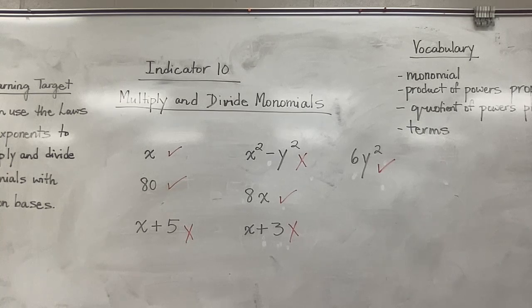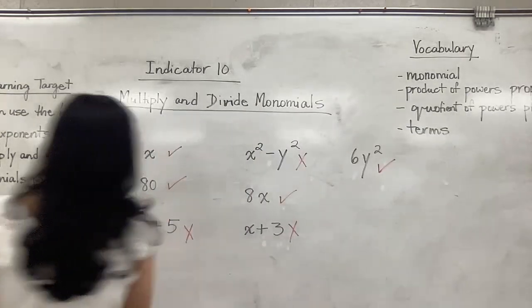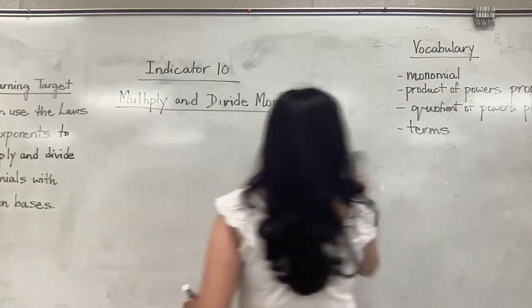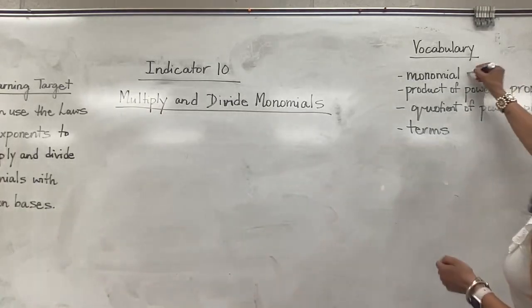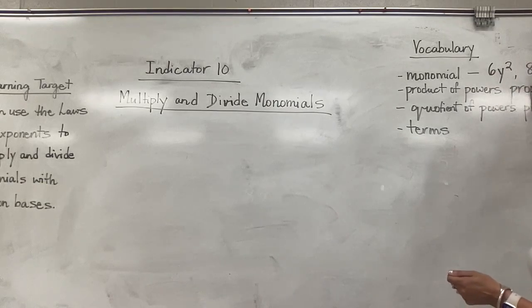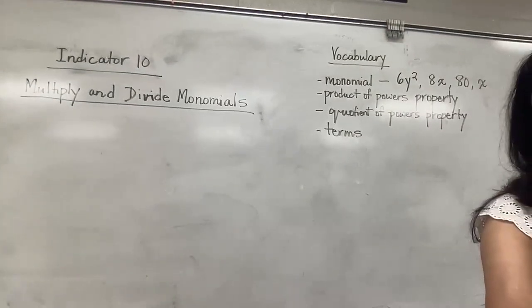Okay, so let's talk about the product of powers property. I'm just writing the examples over here. The monomials are 6y squared, 8x, 80x. These are all monomials.